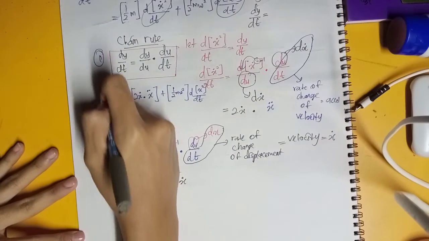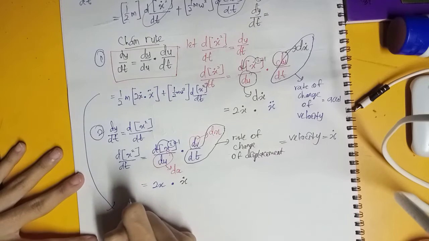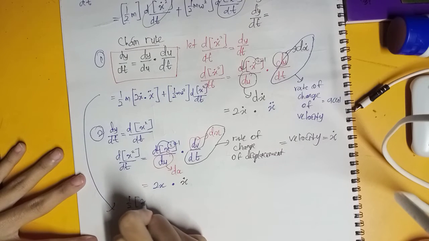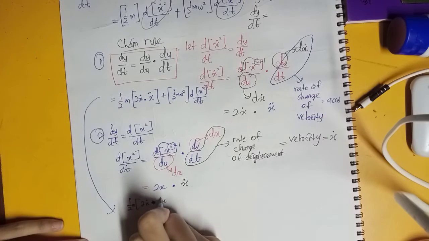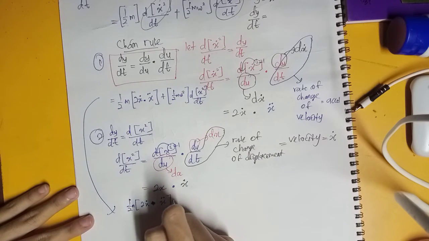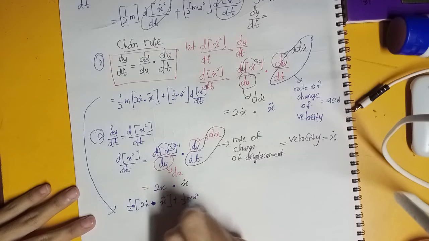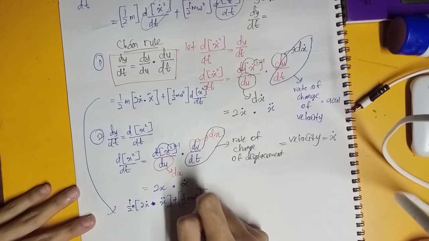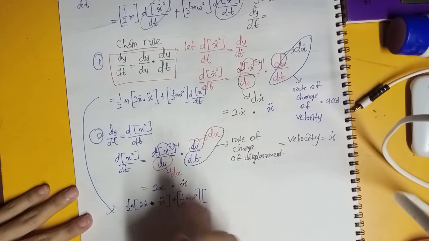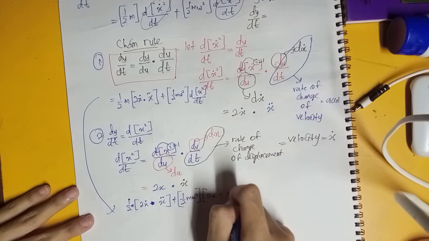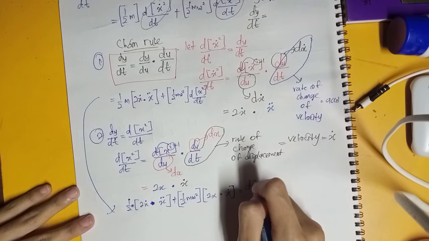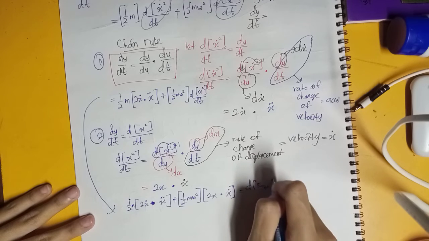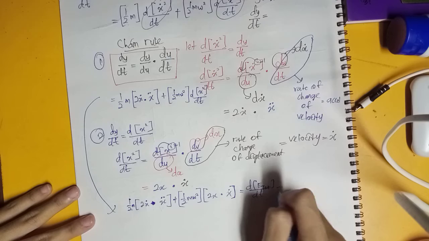So we get this one here: 1 over 2m times 2x dot times x double dot right here. Okay, and then plus 1 over 2m omega squared times d(x squared), which is 2x times x dot, okay, is equal to d(total energy) over dt, which is also equal to 0, right?